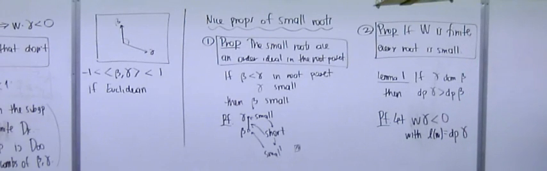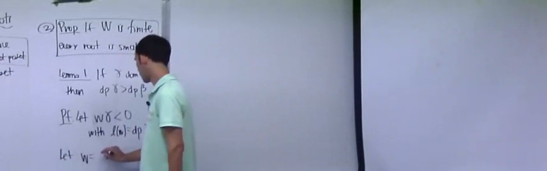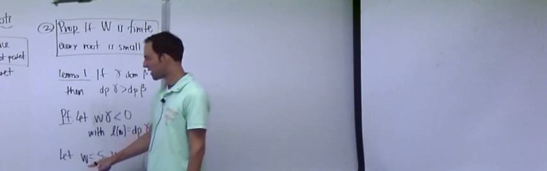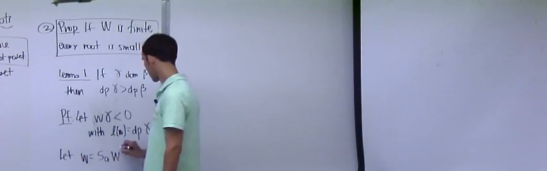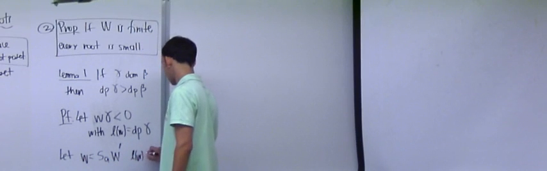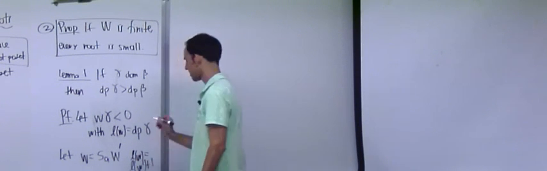And let me just write it as S. Let's take some reduced word for W and let this be the first letter, so W is S_A times W prime.